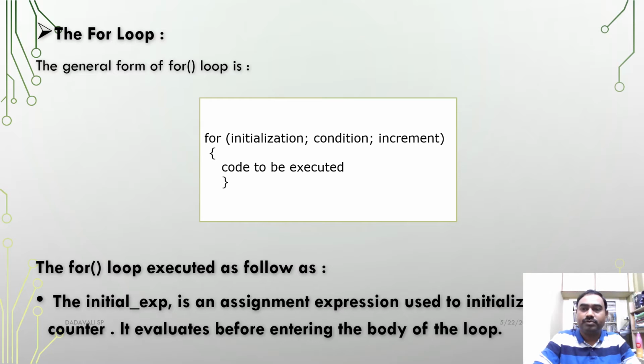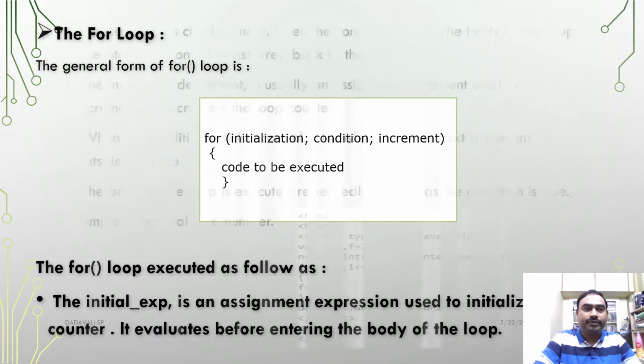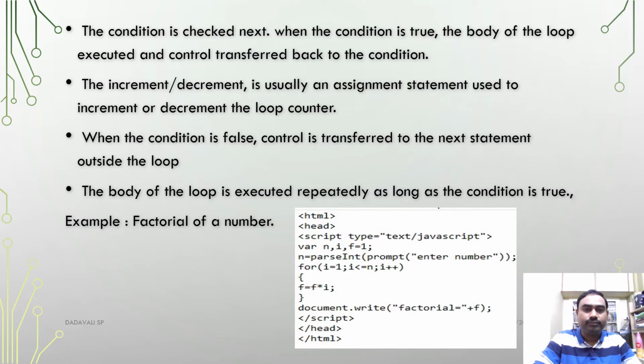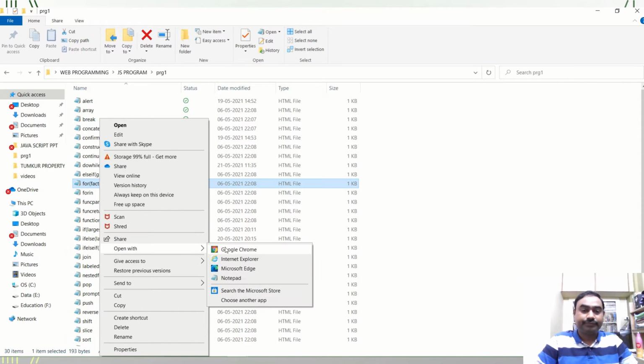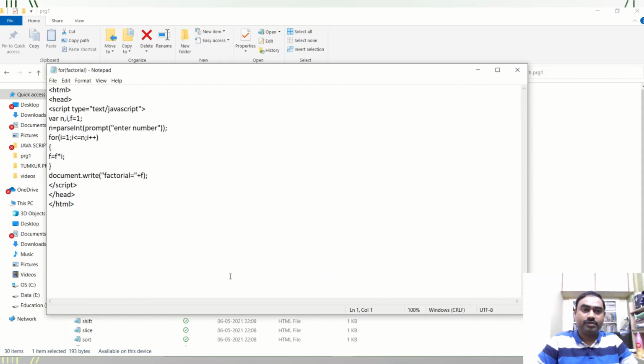So here also the same program you can apply to execute. Just observe the for loop. For i equals to 1, i less than equals to n, i plus plus.